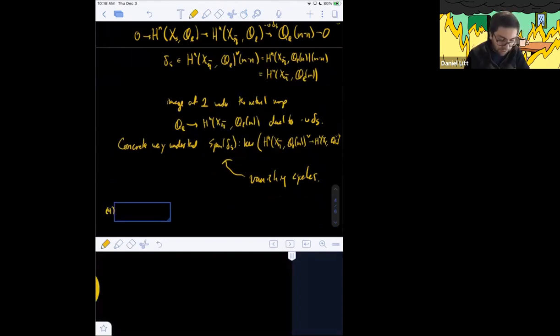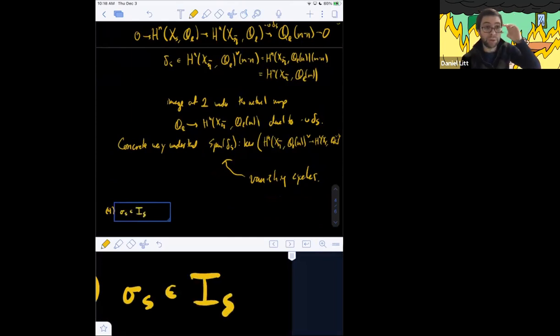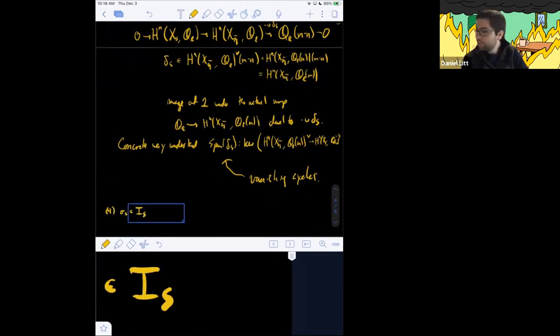Okay, now we can describe the inertia action. Given an element sigma s in the inertia group at S, let me remind you, this was the Galois group of a Laurent series field. How does this act?